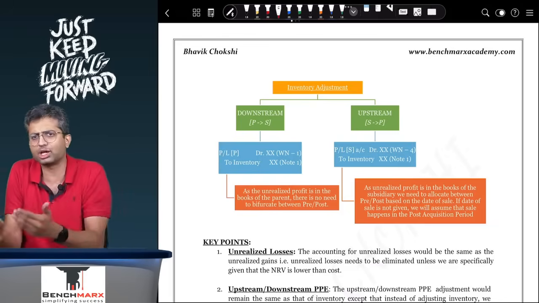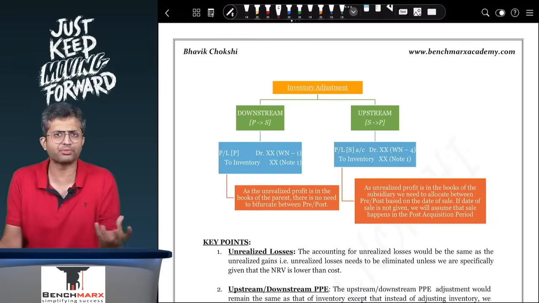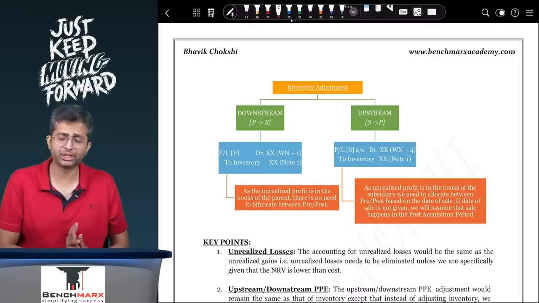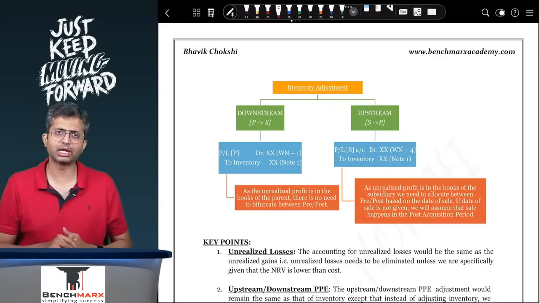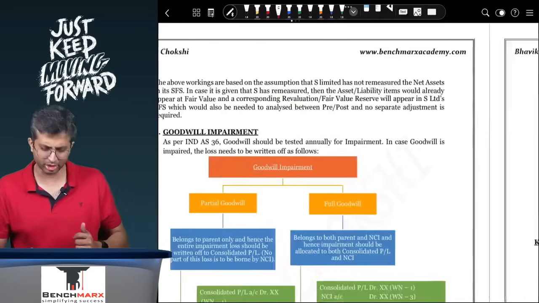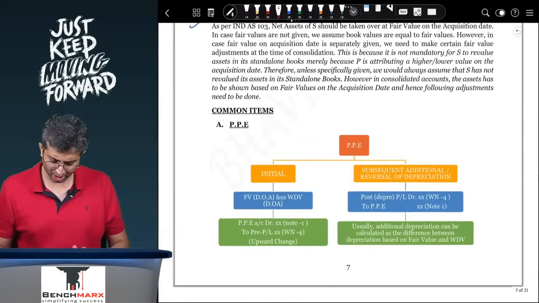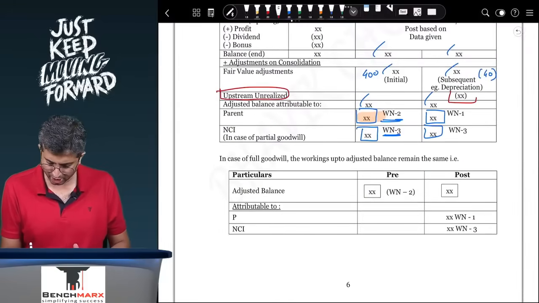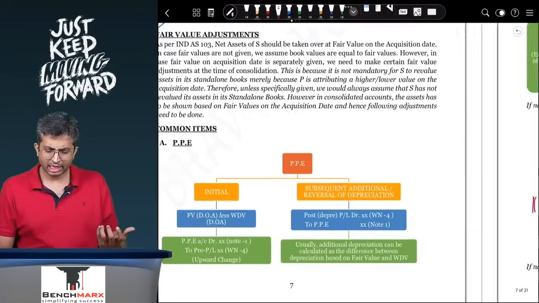Yes, because NCI also gets a share in the profit. So if that profit is unrealized, NCI will also have to bear a share in that unrealized profit. So it will be adjusted against your subsidiary's profits, which is typically in working note number 4. Somewhere over here, you will have an adjustment, which is upstream unrealized profit, that you will reduce.